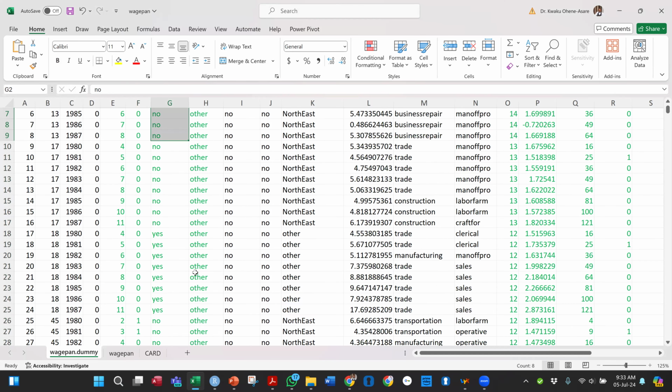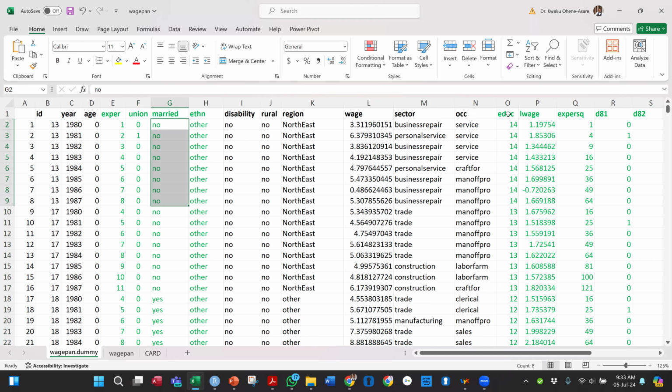Most of the data are here. The educational level of the person is also shown there at the time of entering the labor market. The experience of the person.